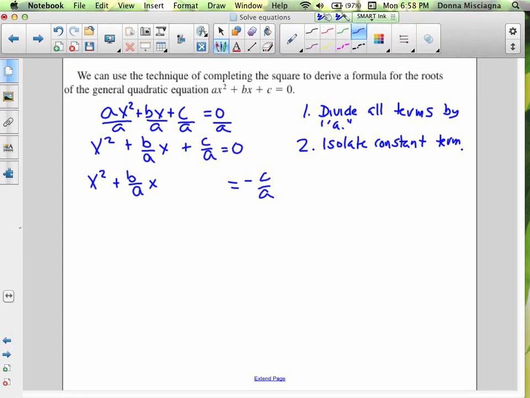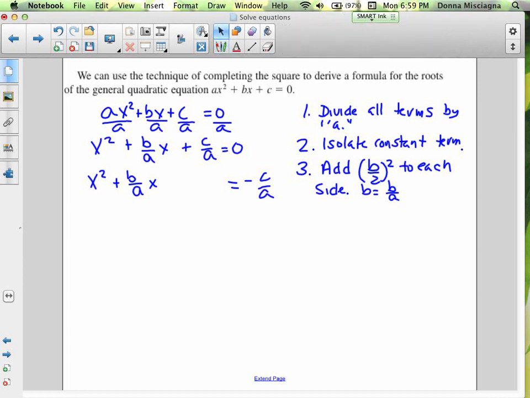Our third step is to make the left-hand side a perfect square. And we can do that by adding b divided by 2 squared to each side. But what's b? Well, b is the coefficient on x. So therefore, b is b divided by a.